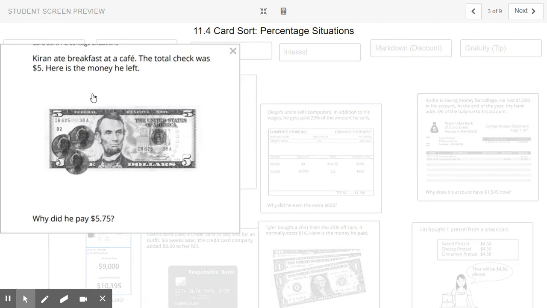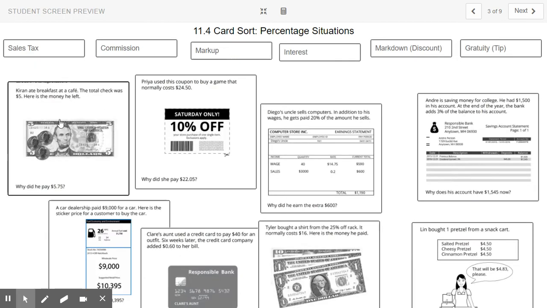The first one is Karan, and he ate breakfast at a cafe. The total check was $5, but here's what he left. Okay, so students typically pick one of two things for this. I see a lot of people say that this is sales tax because he's leaving more money than the check was for.